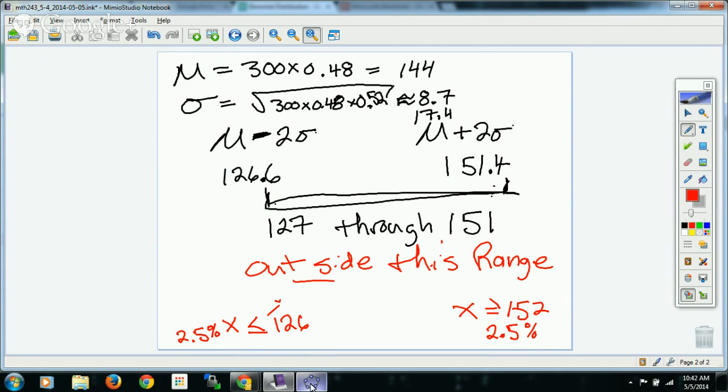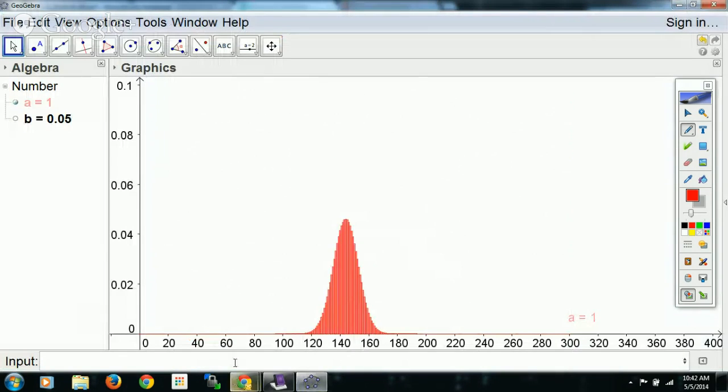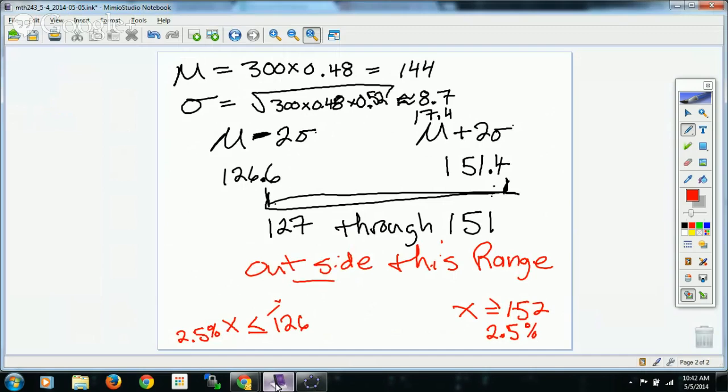Let's go back and look at the GeoGebra graph. So on the GeoGebra graph, I'm just going to plot those numbers. Let's see. The marker numbers, let's call them 126 and 152.